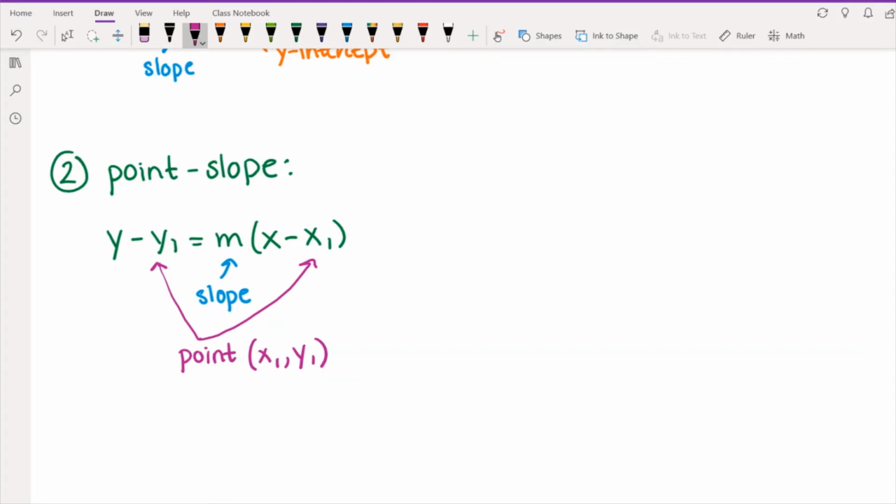But actually one other thing I just want to quickly mention is if you're curious about where this formula comes from, or if you want something that might help you remember it, let me just do that off to the side. So where does this formula or format come from?